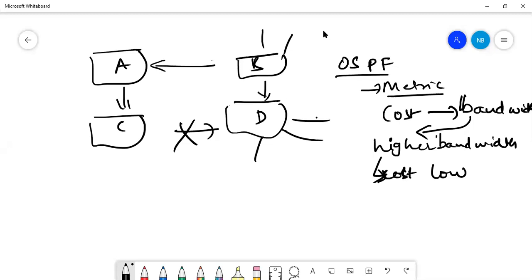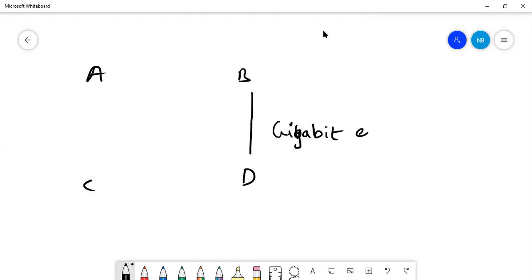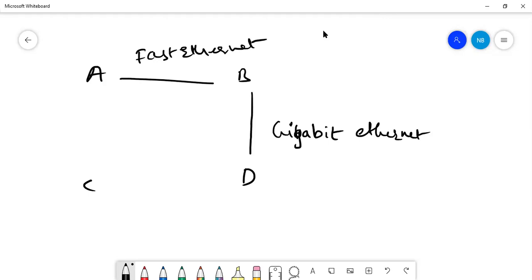Okay, let me show you one more diagram here. Same diagram. So let us say that B to D uses a gigabit Ethernet connection, and B to A is a fast Ethernet, and C to D is fast Ethernet.